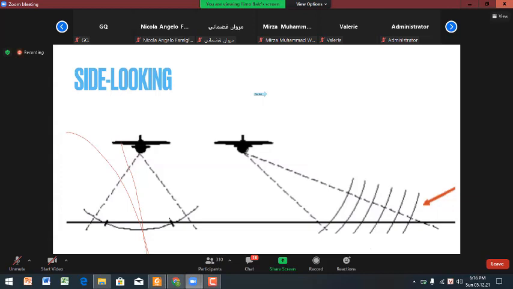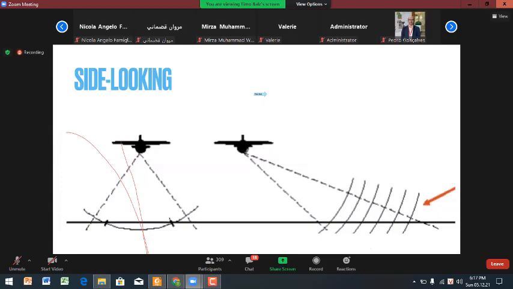You could not separate the left part of your image from the right part of your image. The signal would be returned at the same time, and you don't know from which side it's coming. So you would get an ambiguous signal, and that would be basically useless. If you don't know whether it is the left side or the right side of your image, you can't separate them. It's not going to be a good system.